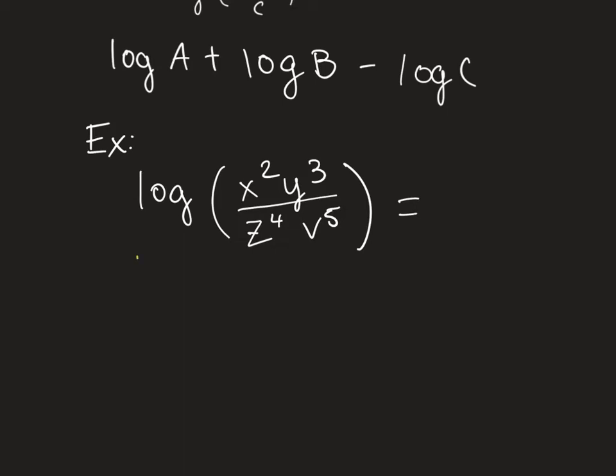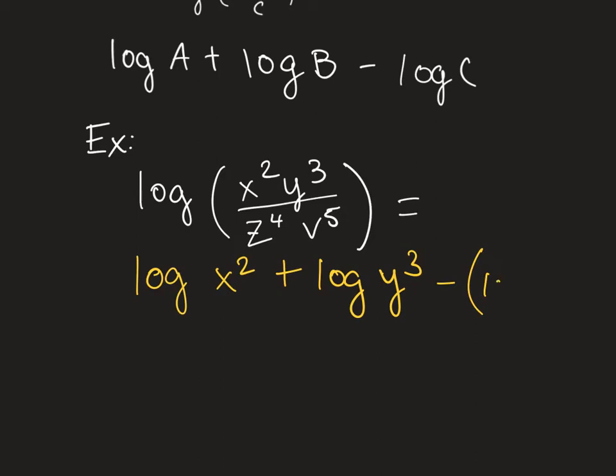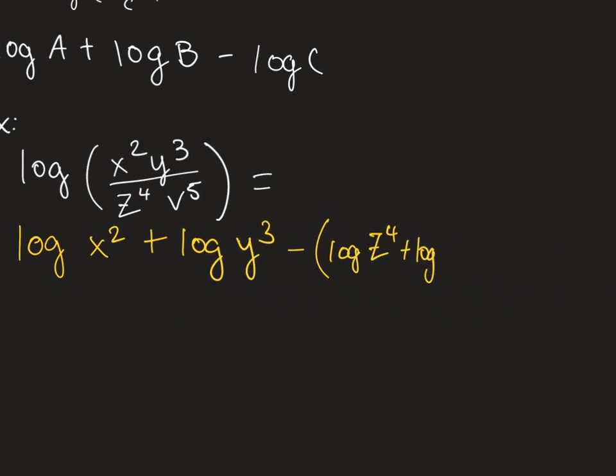So if you look at the properties, log of x squared plus log of y to the third, then you're going to have to subtract, and again, make sure you put it in parentheses, log of z to the 4 plus log of v to the 5.